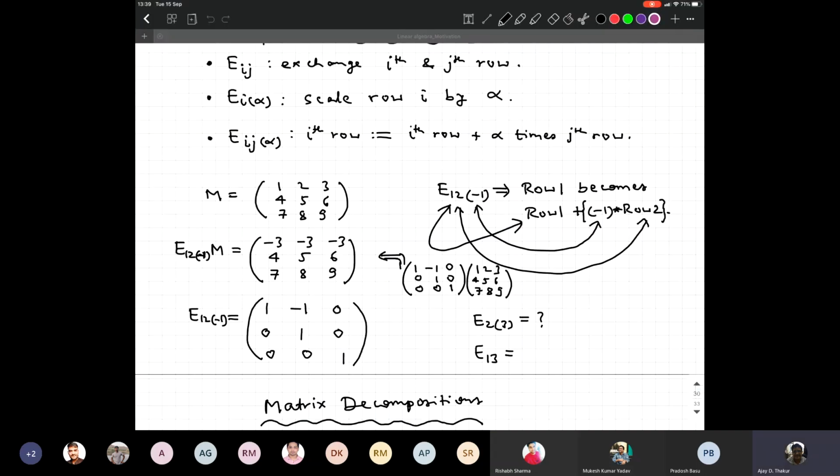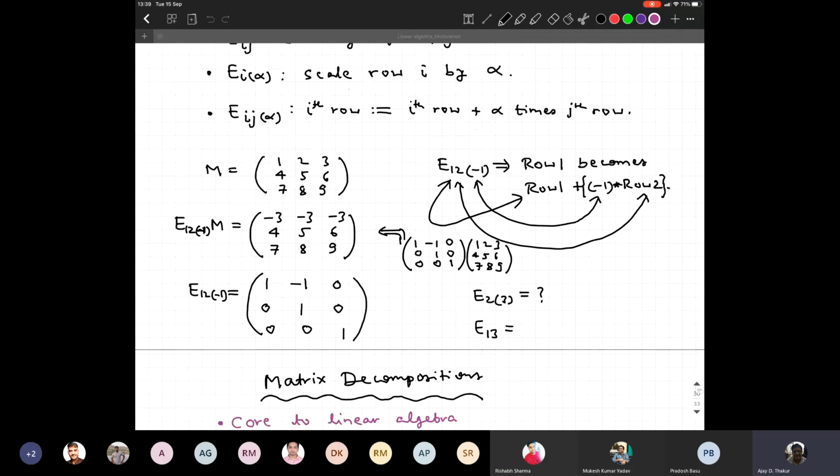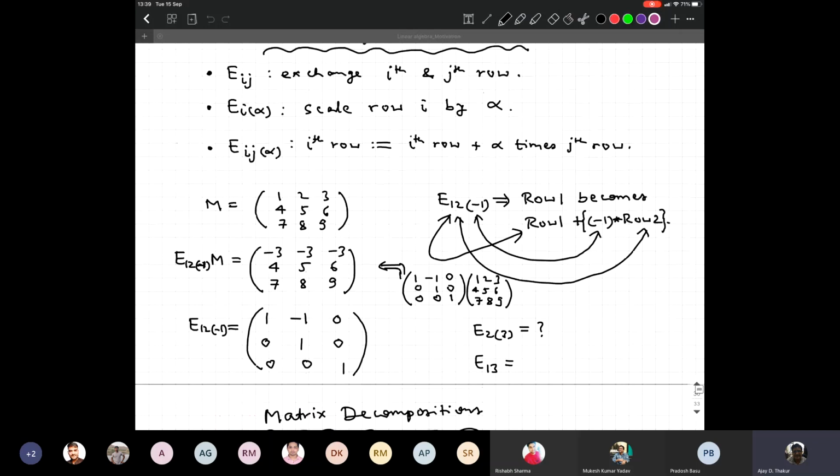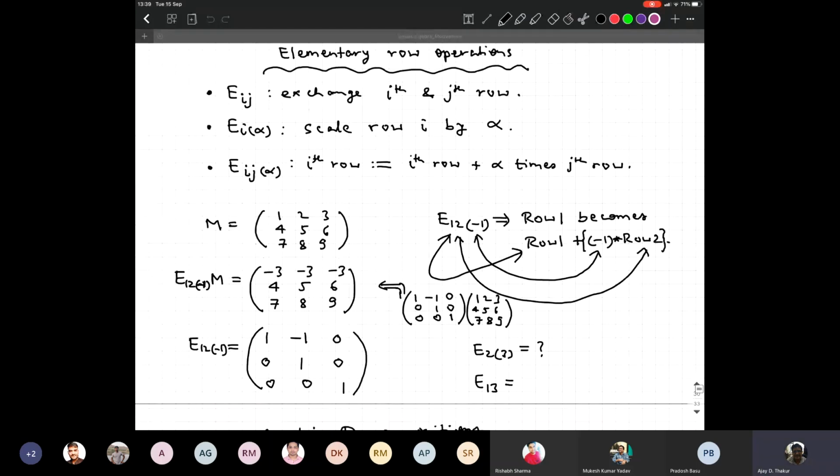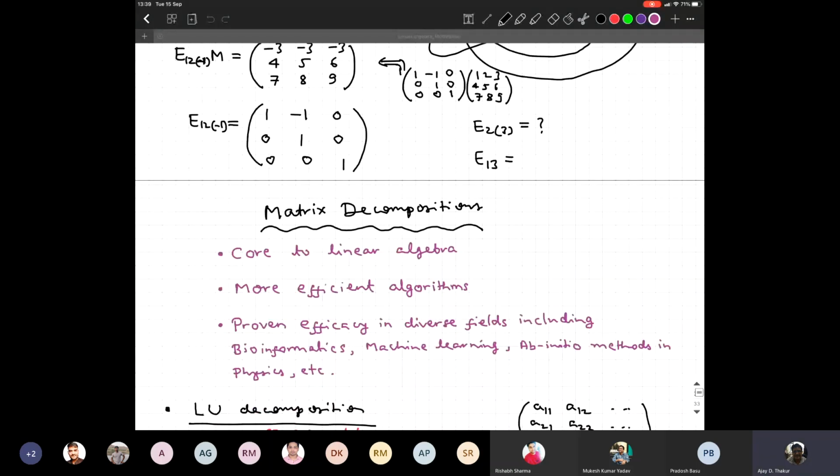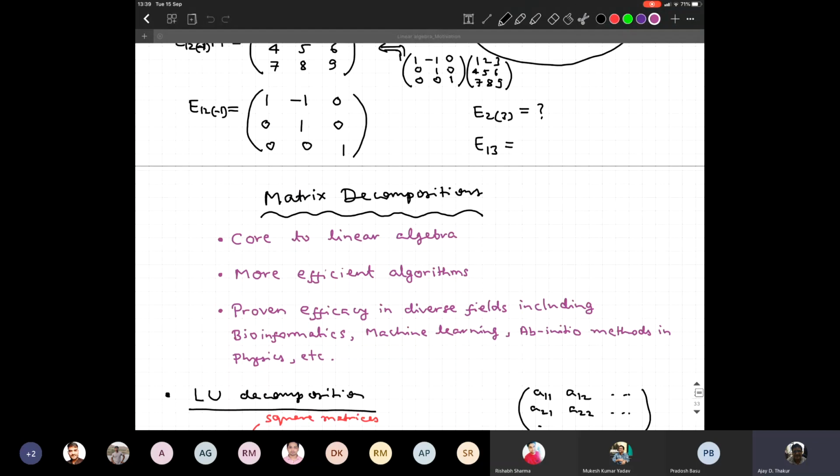Fine. These kinds of matrices would be useful, so as and when we require them, we will write them. So let's come to this idea of matrix decompositions, which we started last time but could not really complete. Matrix decompositions are core to linear algebra.